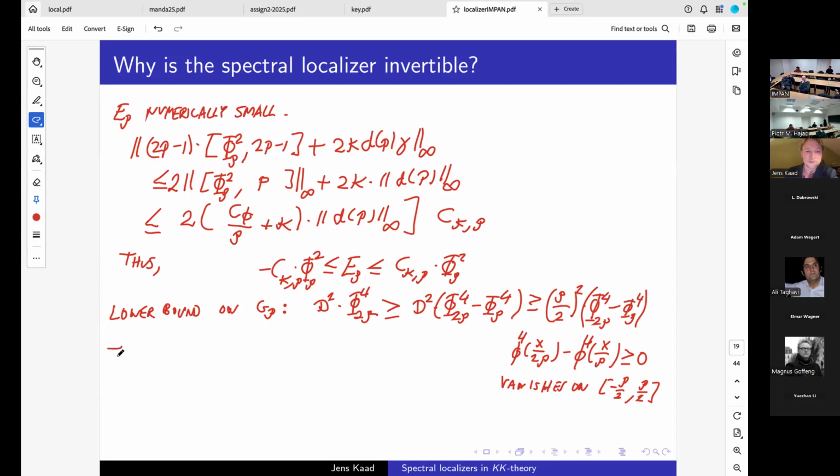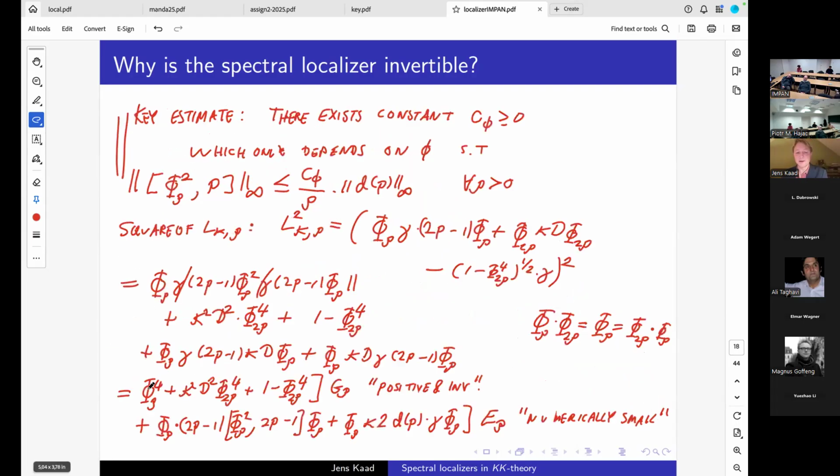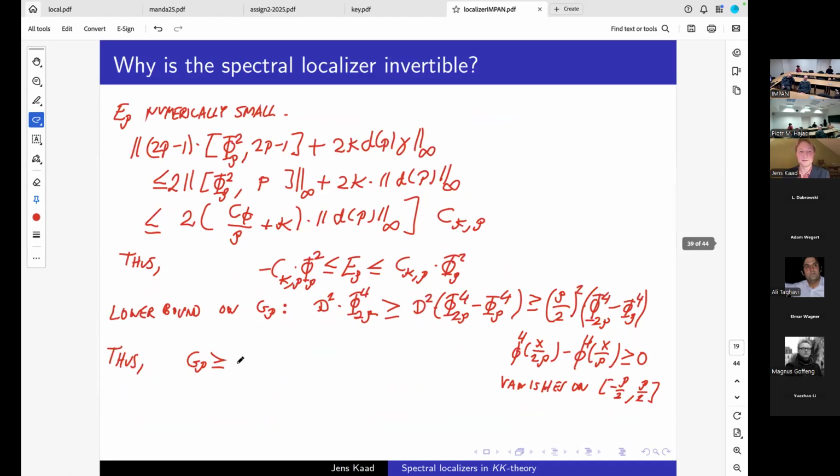So what I can conclude is that I have a lower bound on the leading term G rho. I'm going to keep both of these terms as they were before. I get phi rho to the fourth. And then I have my estimate on the second term. I have to multiply with kappa squared.